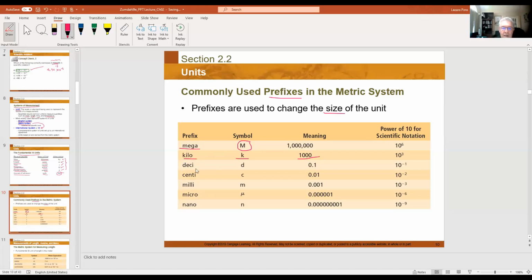And so for the deci, the centi, the milli, the micro, and the nano. Here you have the meaning of this symbol, and here is how it is expressed in power of 10 for scientific notation.